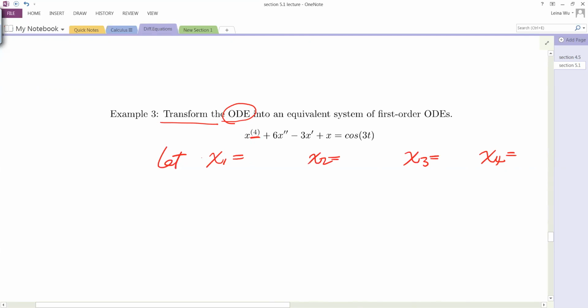And we're going to just let x1 be x, x2 be x prime, x3 be x double prime, x4 be x triple prime. Is that good so far?